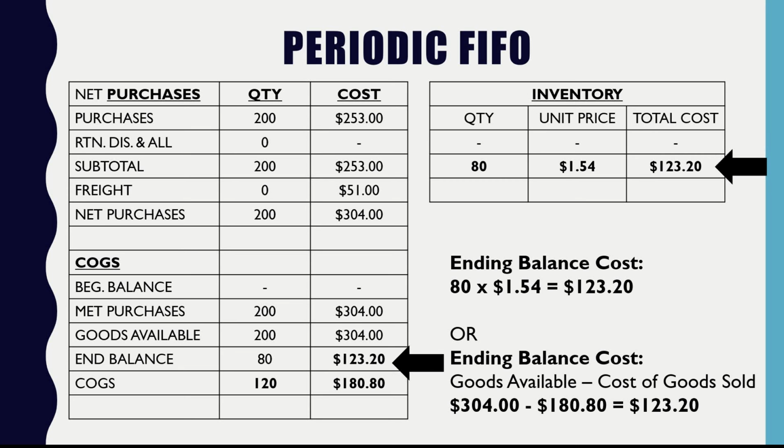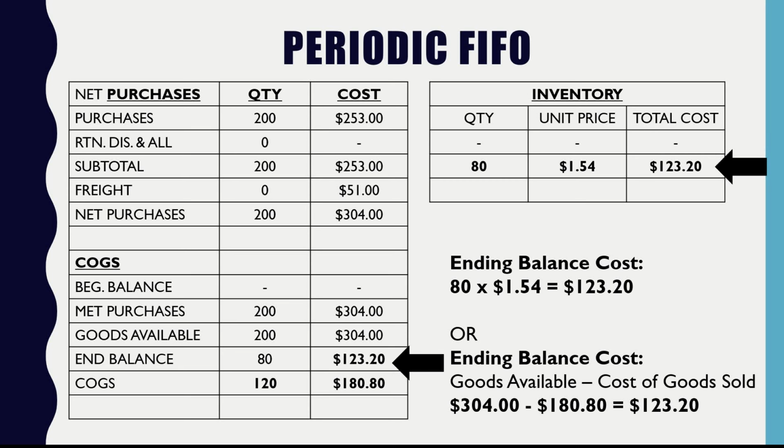So in this case, we know that when we started out our inventory, we had 200 items costing me a grand total of $304. When we calculated our cost of goods sold, we know that we got rid of $180.80.